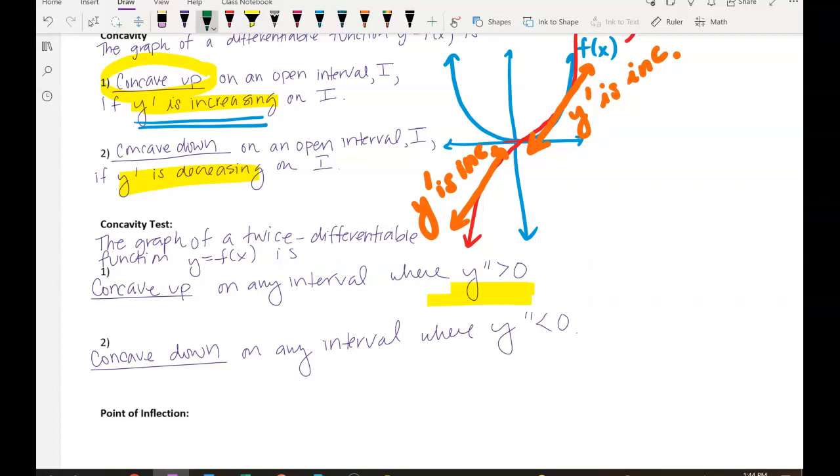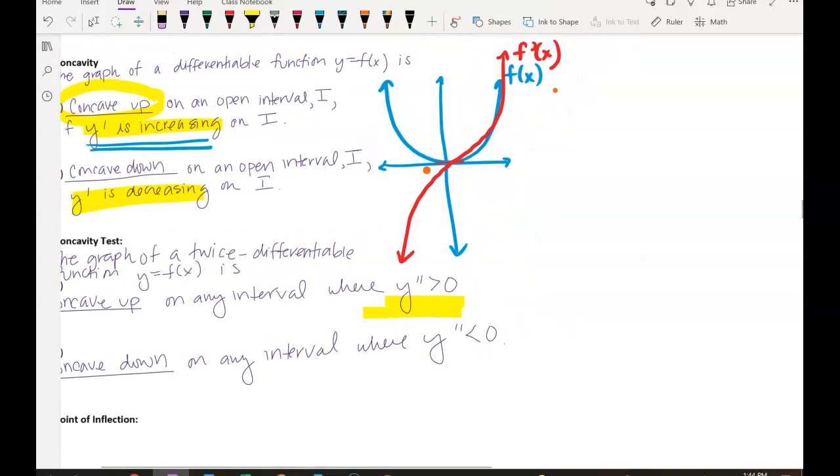And as you can see, the graph here in red, which is the first derivative, the slope is always positive, right? So this is positive, this is positive, this is positive, and this is positive. So that derivative is always positive.